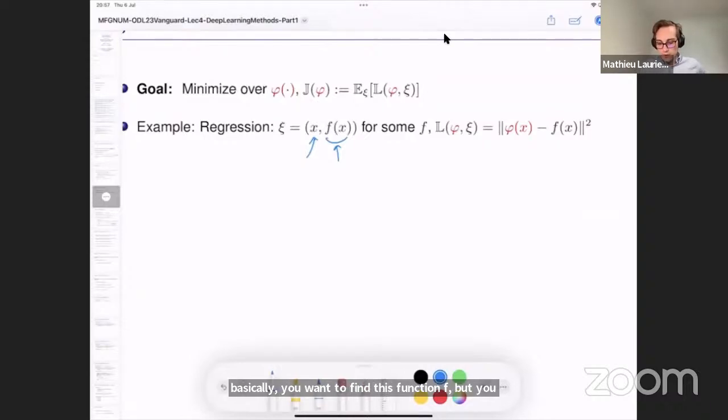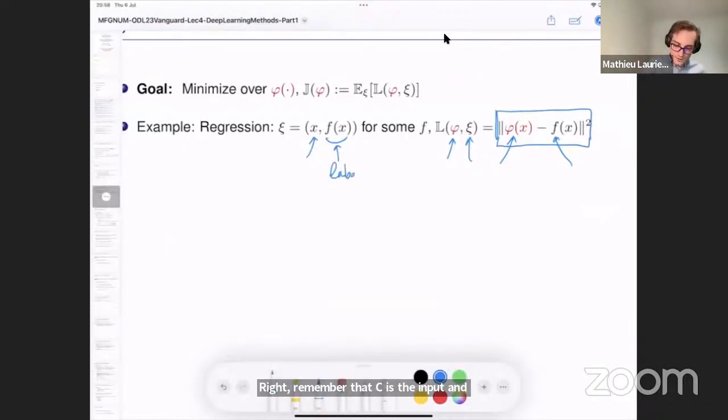So what you do is you define a loss function, which is basically a function of your candidate t and a sample xi, and then you evaluate, for example, the L2 distance, Euclidean distance, between phi of x, which is the candidate output, and f of x, which is the true output, right? Remember that xi is the input and the label. So you can think of this as a label or as a correct output.